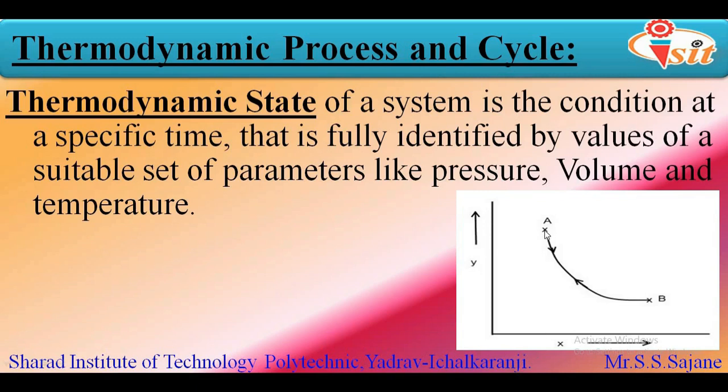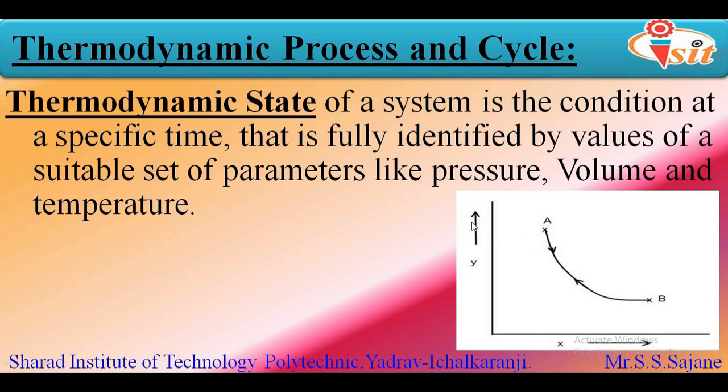Then point A will have a unique condition, that is, it will have a specific value for pressure as well as volume. So we can define this point A by referring to these two axes. For example, at point A we will be having 10 bar pressure, and here we will be having some value of volume, say about 3 meter cube.